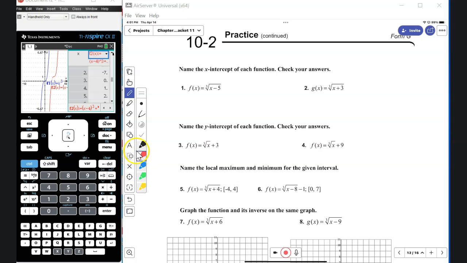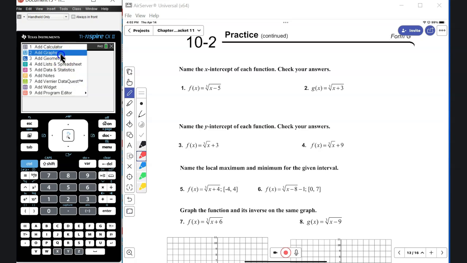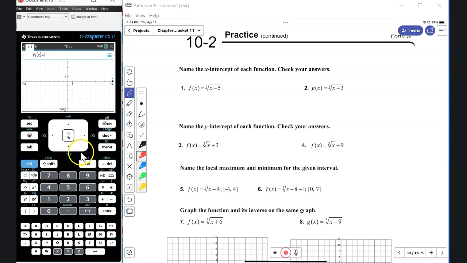On this part of the assignment, we had to name the x-intercept. We're going to do number 2. I'm going to go to on, new, graph, and graph g of x, which is the cube root of x plus 3.